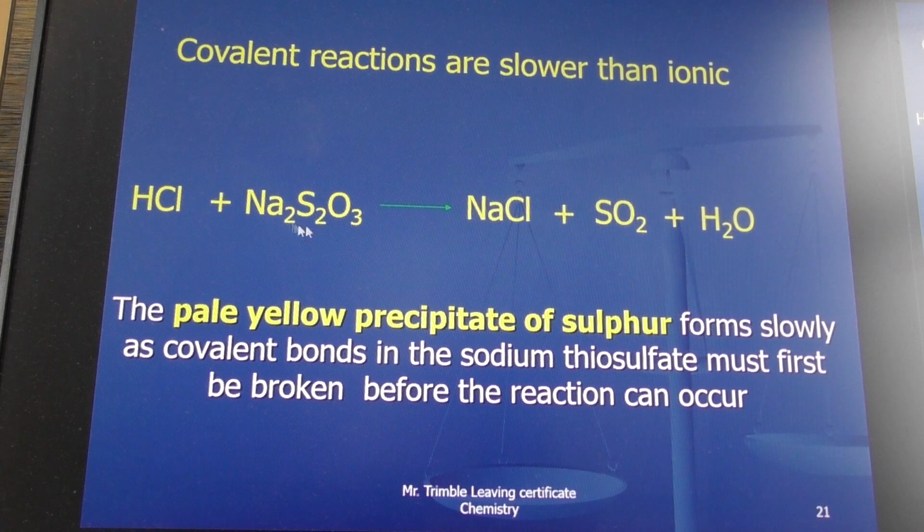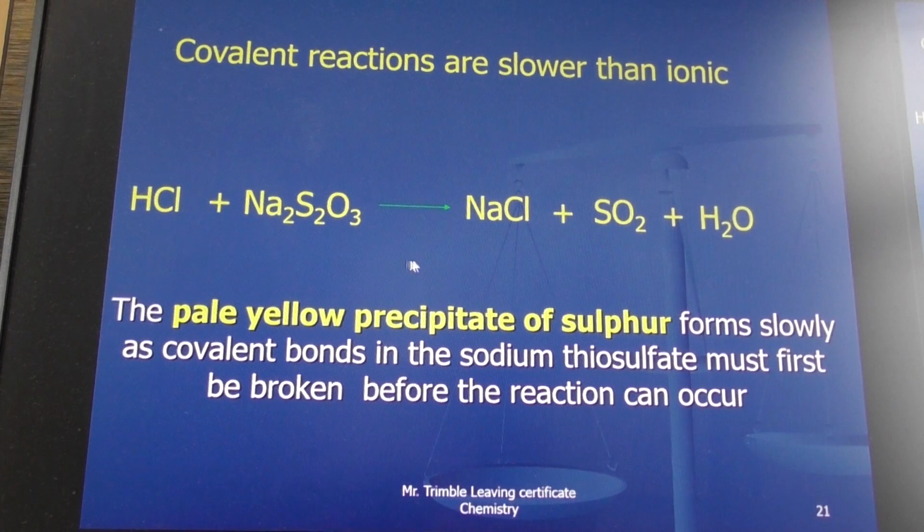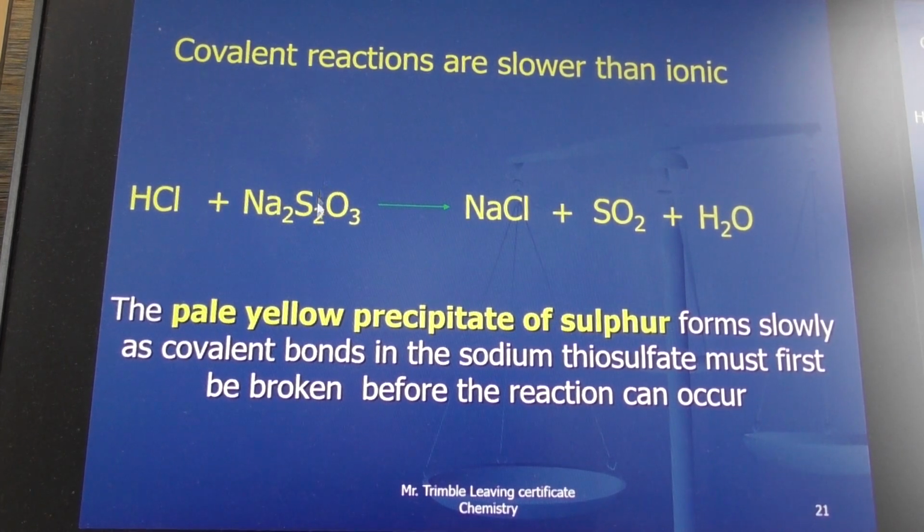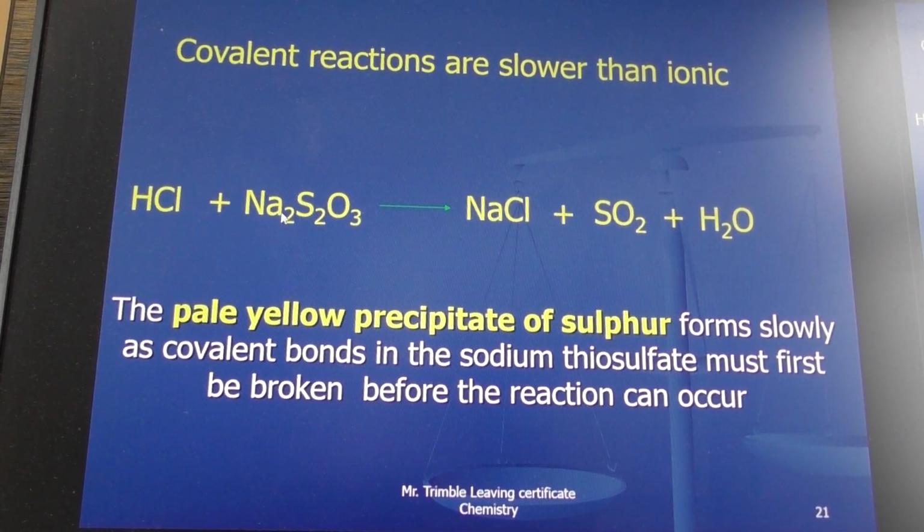So this is a relatively slow reaction, in that bonds have to be broken in this thiosulfate part. Now it's called sodium thiosulfate because thio is a prefix for sulfur, so it's like saying sodium sulfur sulfate. And remember, ending in -ate indicates that oxygen is also present, as well as the two named elements.